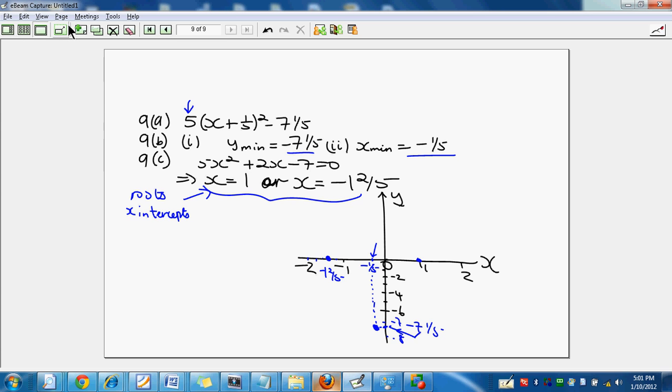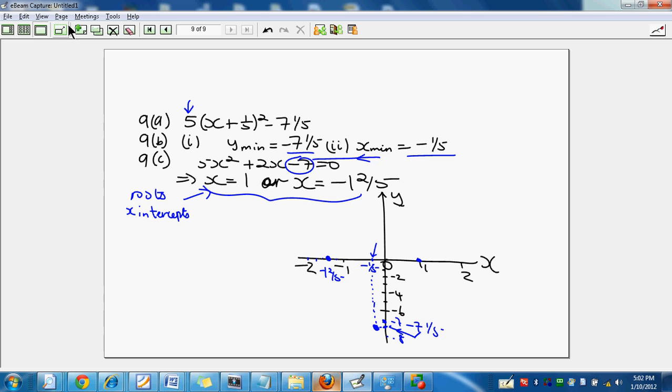Okay? So we could actually do some drawing. The other thing is, where is the y-intercept going to be? The y-intercept is always given by the c value in y equal to ax squared plus bx plus c. So we know this is where it's going to cut the y-axis, at minus 7. So it's going to cut it right here.